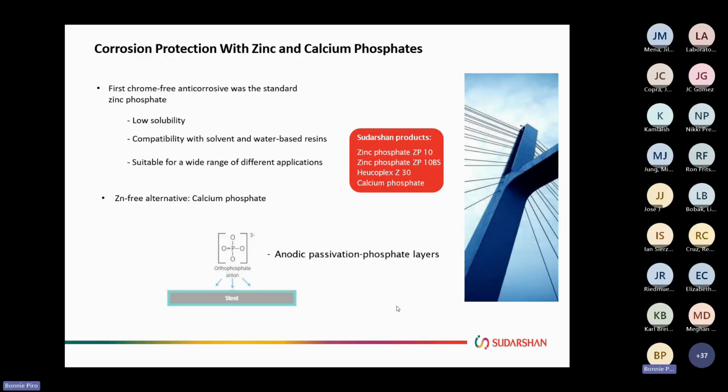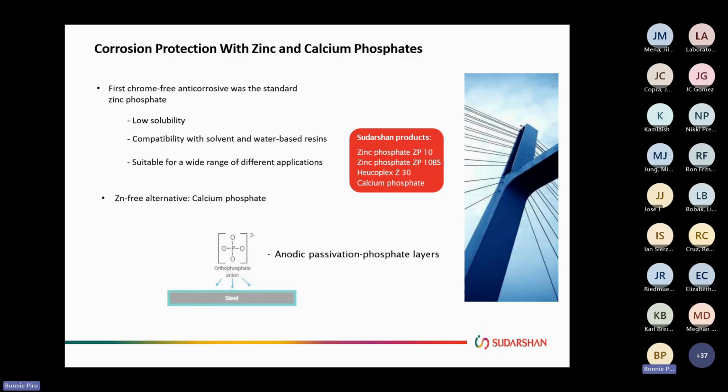So a little bit about each of these groupings of pigments. So corrosion with zinc and calcium phosphates. These are the first chrome-free anti-corrosives that were developed to be able to remove our industry from the chromates.